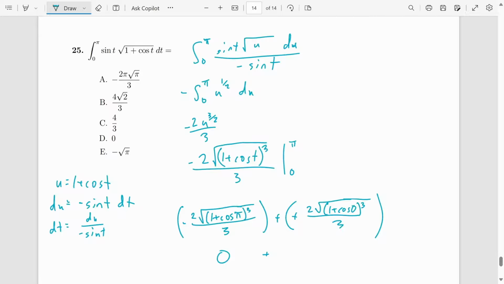So it's going to be 2 plus, let's see here. Cosine of 0 is 1. 1 plus 1 is 2. 2 cubed is 8. And the square root of 8 is 2 root 2. So 2 times 2 root 2 is 4 root 2 all over 3. And that is our answer.